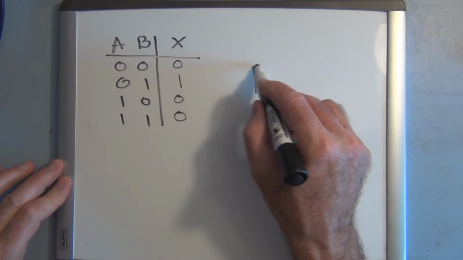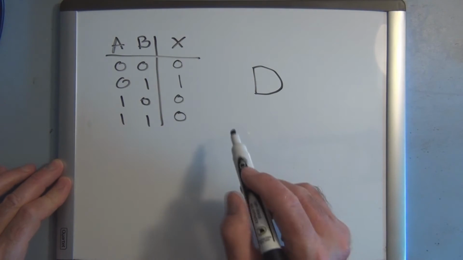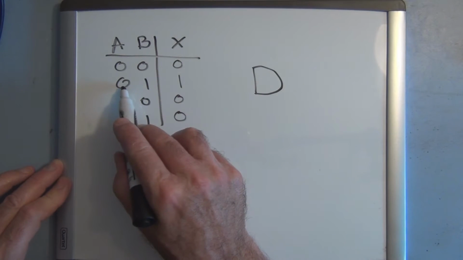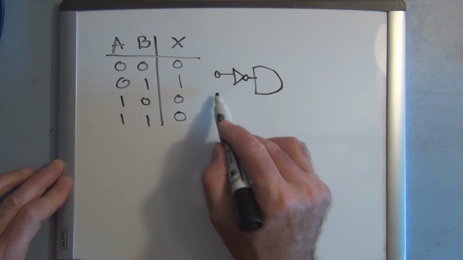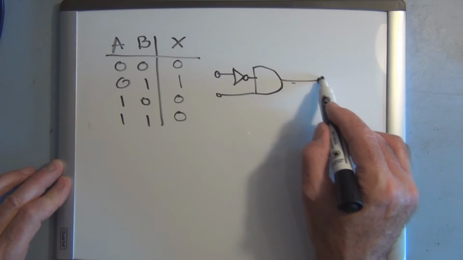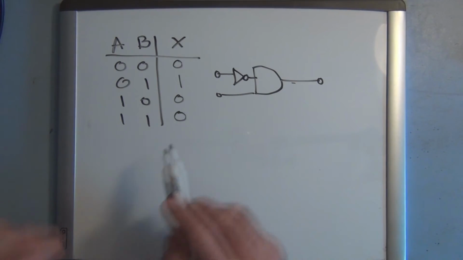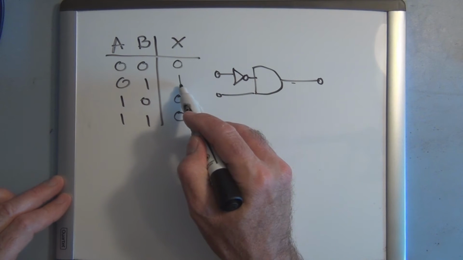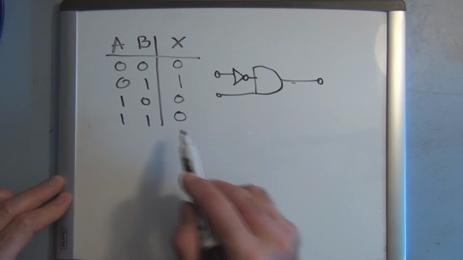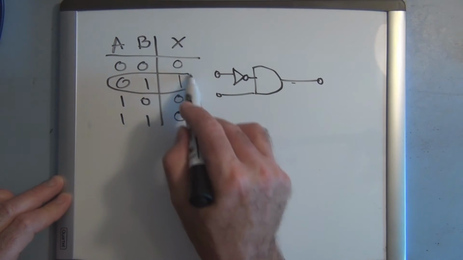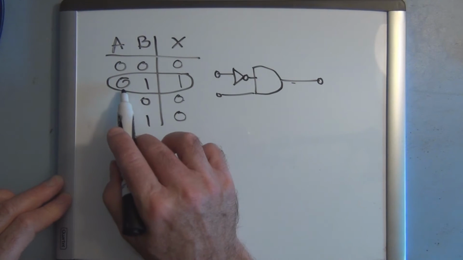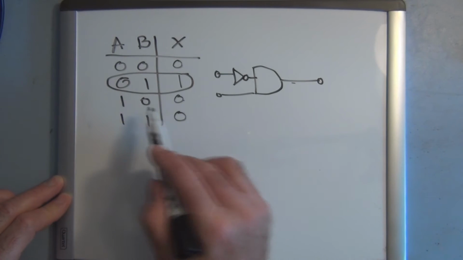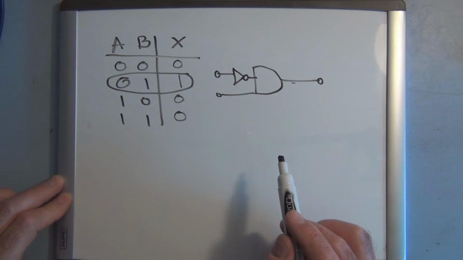If we put an inverter on A, this will give us a high output for this particular case and a 0 for the other cases. So what we did is we inverted each variable that is 0, and in this case it's only A.